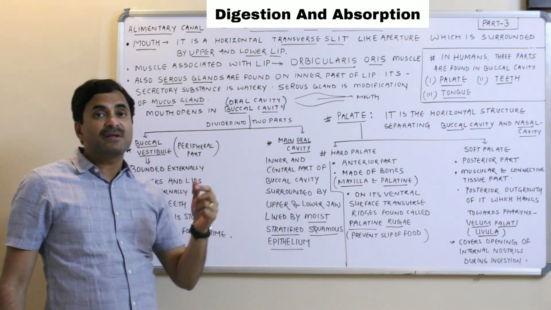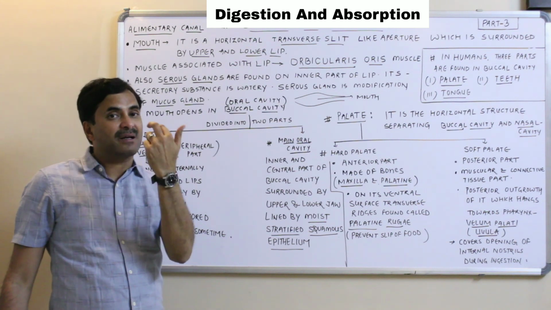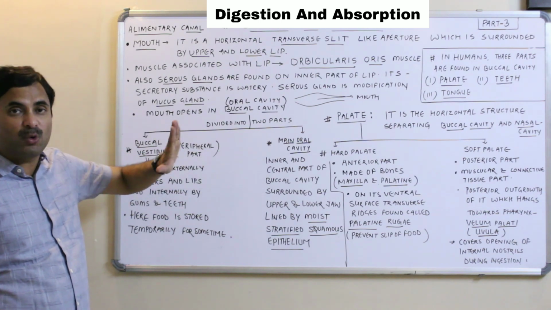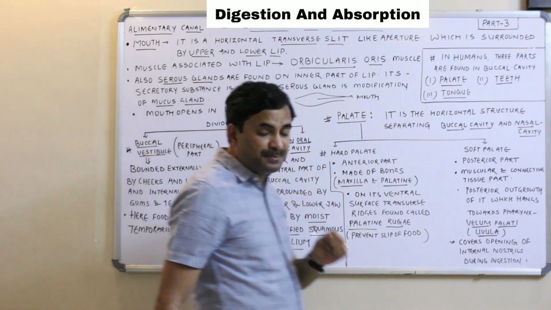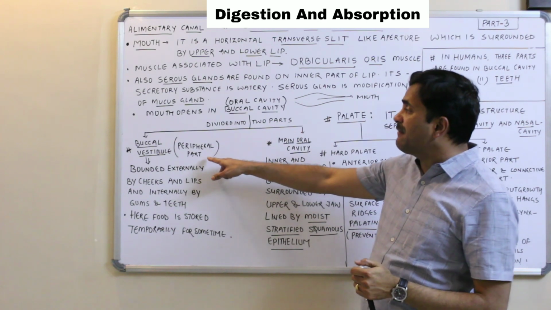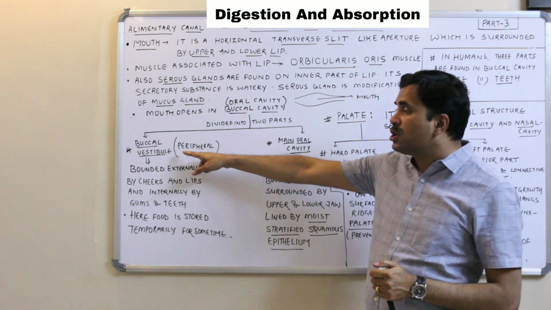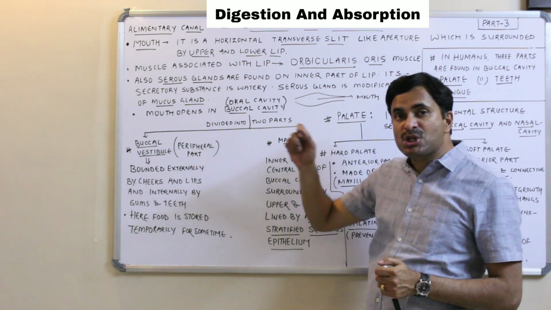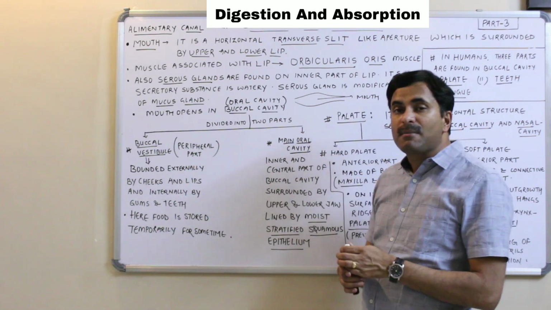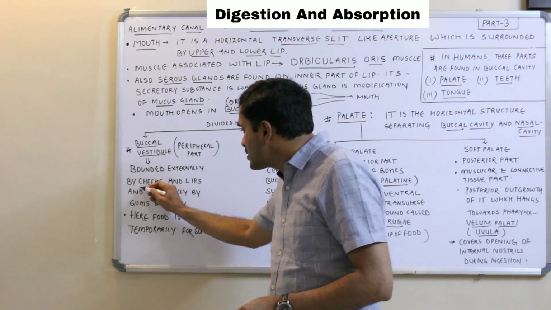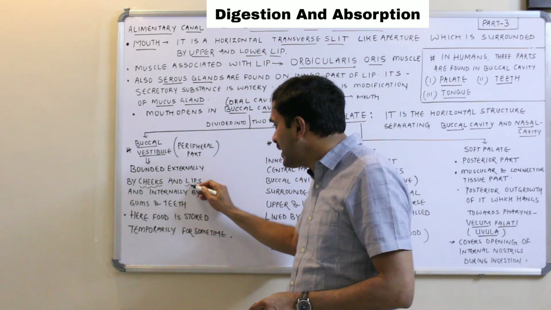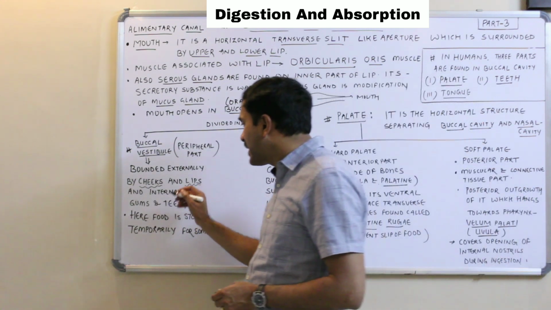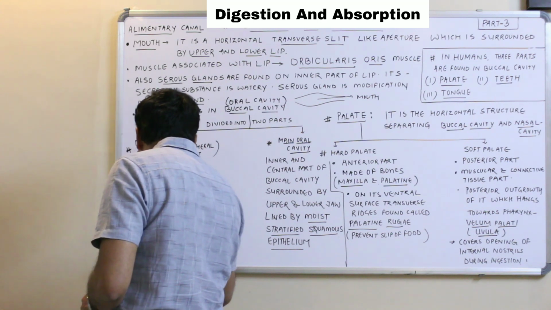And the inner and central part of the buccal cavity is called the main oral cavity. Fine. So now we are talking about the peripheral part of the buccal cavity known as the buccal vestibule. This buccal vestibule is bounded externally by the cheeks and the lips, and internally it is bounded by the gums and teeth.